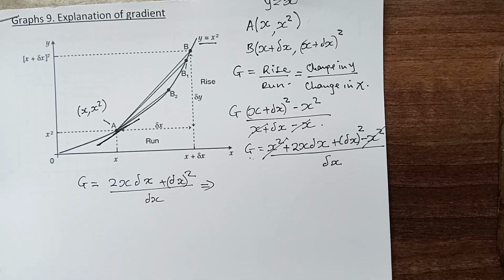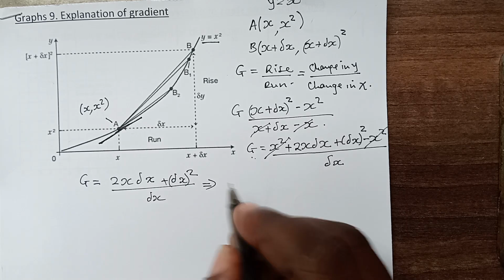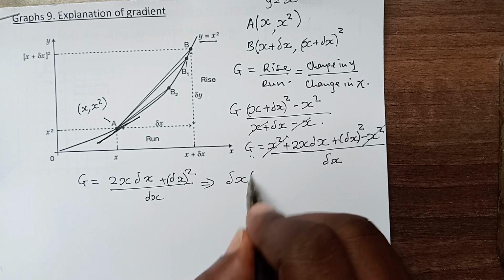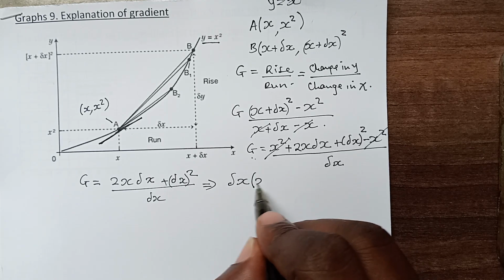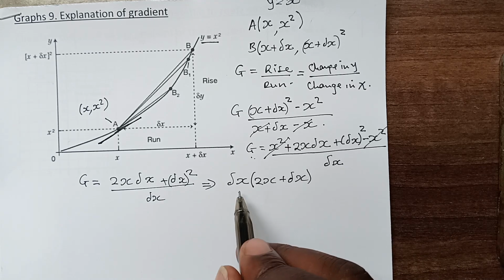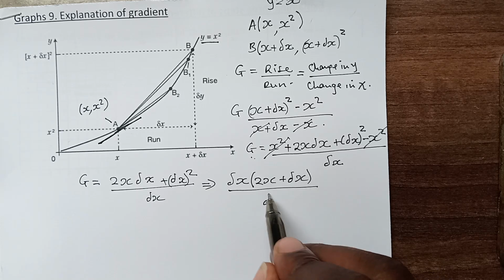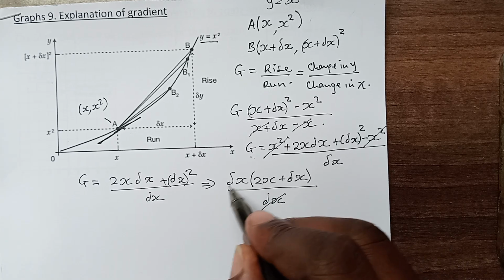And you realize that delta x is common in the two terms of the numerator, so we get it outside. Delta x into the bracket, we have 2x plus delta x, because this one squared divided by delta x is simply delta x all over delta x, and this cancels out.